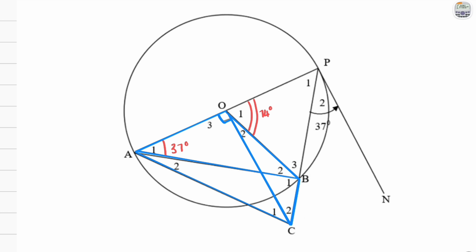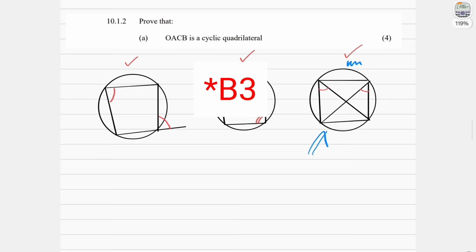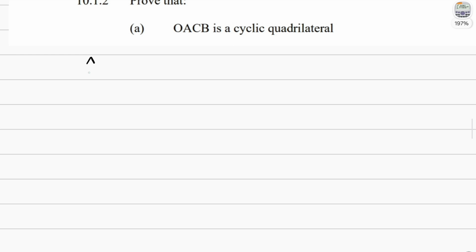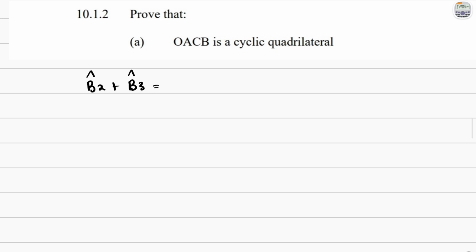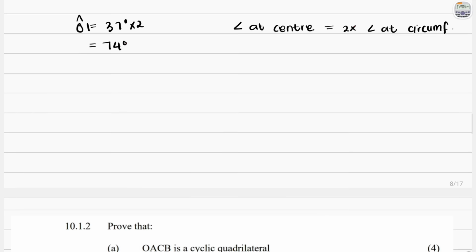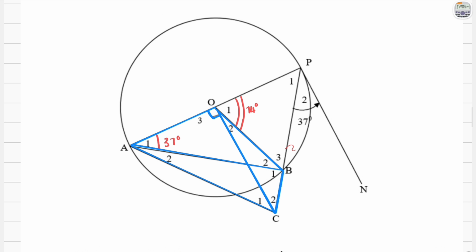Okay, so let's go ahead and do that. We're just going to prove and show them that first, this angle, I don't want to call it ABP, let's just call it angle B2 plus angle B1. So let's remove this. So angle B2 plus angle B3 is equal to 90 degrees because we have an angle in a semicircle.